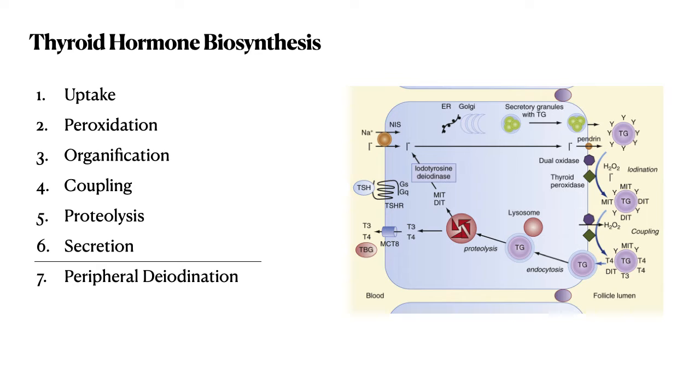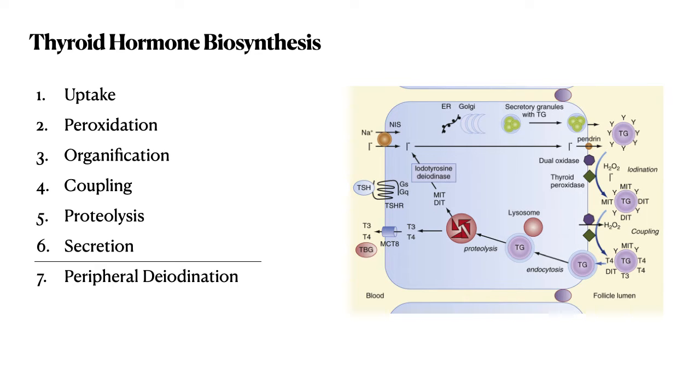So here in the blood, you have lots of T4, which is less active, and less of T3, which is more active. So for the cells to be able to use the thyroid hormone that is in the blood, they will have to convert the T4 thyroxine into T3, triiodothyronine.